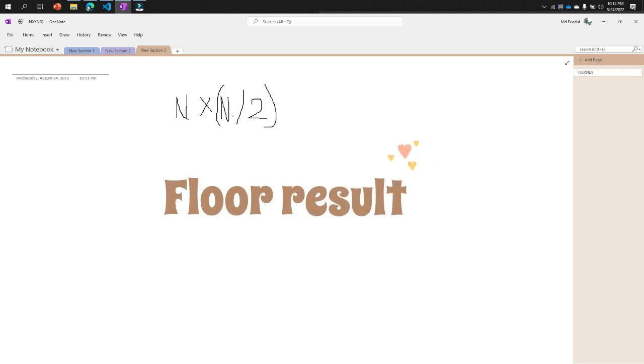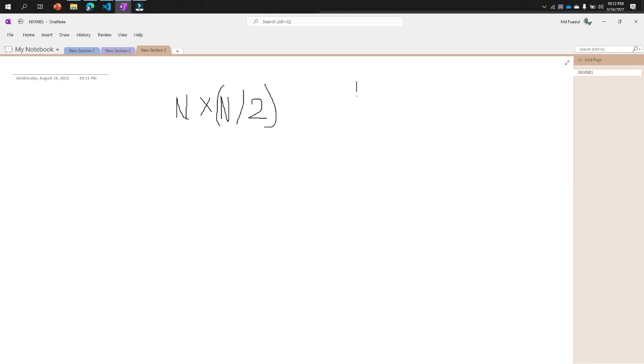Suppose after dividing n by 2 our result is 1.5, we will multiply 1 with n. If our result is 5.5, we will multiply 5 with n. If you are a Python programmer, you can use the floor division operator. So the output for this problem is n multiplied by n floor division 2.